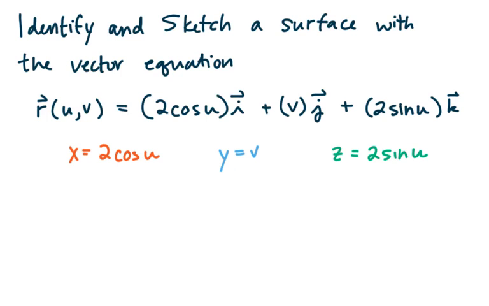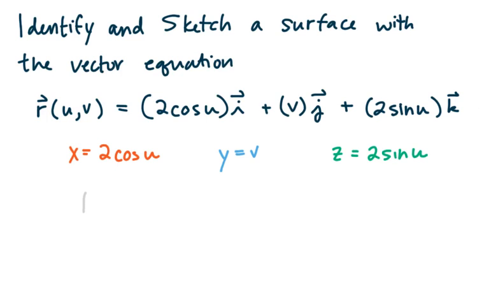There's not really one specific way I can tell you to do this, but you'll be lucky if you can see a pattern or a relationship. Let's think about what I see here with my x and z. What do these represent? x equaling 2 cosine u and z equaling 2 sine u. I'll pause to let you think, but that's representing a circle of radius 2 in the xz plane.